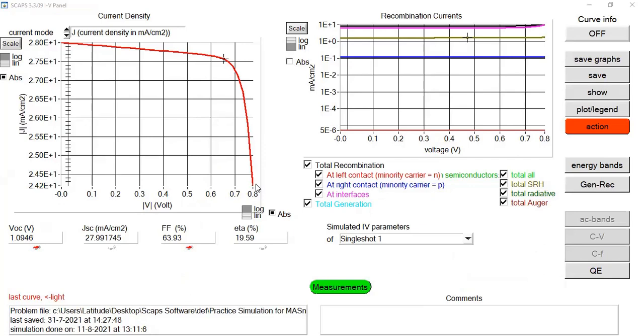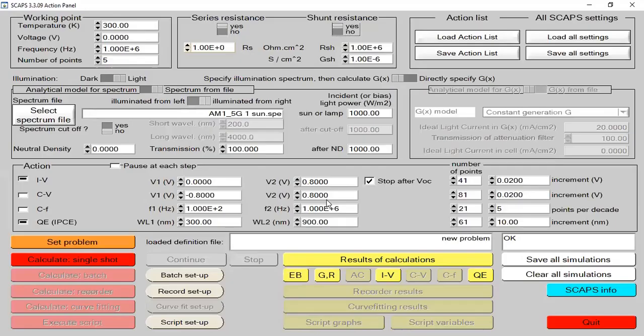But the most important thing is that we need to know about this. After VOC, we don't consider the values because we are more interested in getting the VOC values. So you can see over here that my graphical representation now ends at 0.8 volt. Similarly, it is important to understand that the highest VOC achieved for today's perovskite is 0.8.